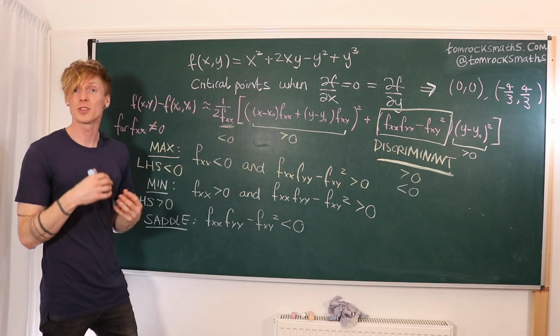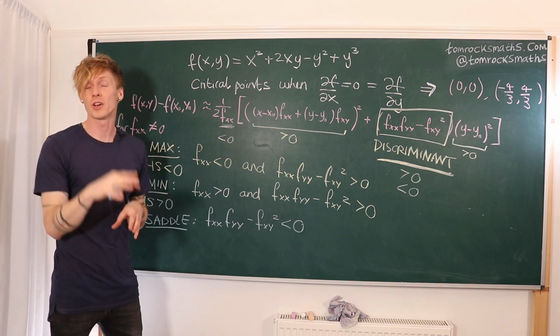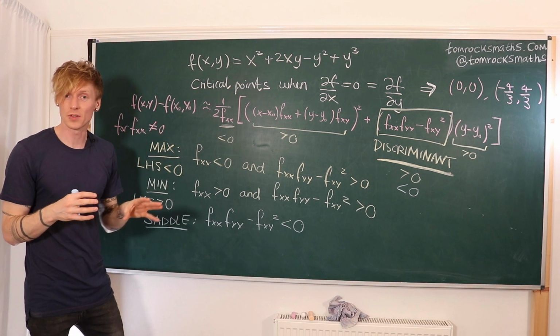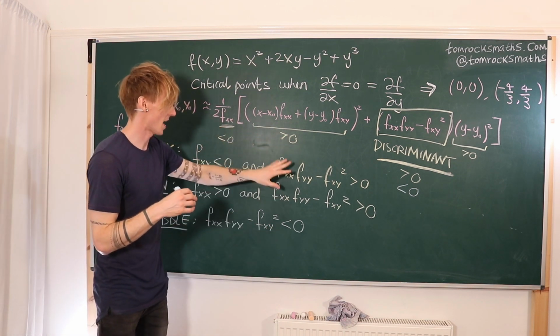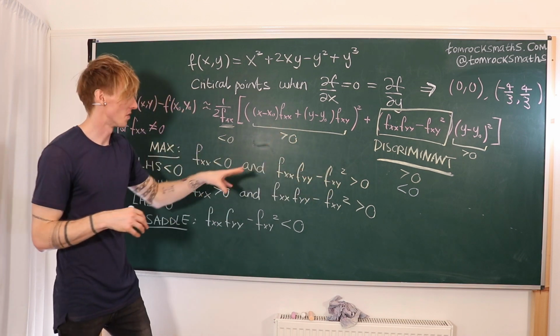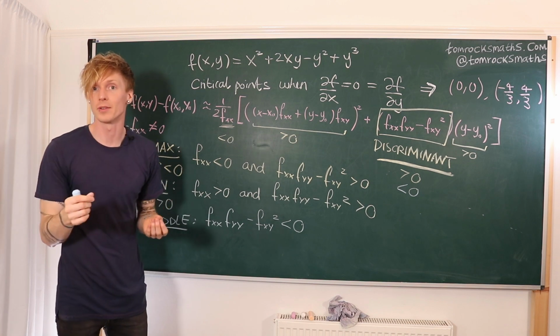So in summary, to classify the type of critical point for a function of two variables, you have to calculate, first of all, the discriminant, fxx fyy minus fxy squared. You evaluate this at your critical point, x0, y0.